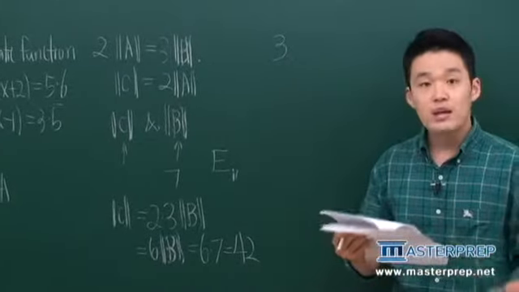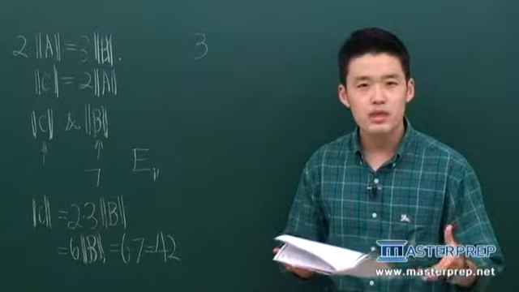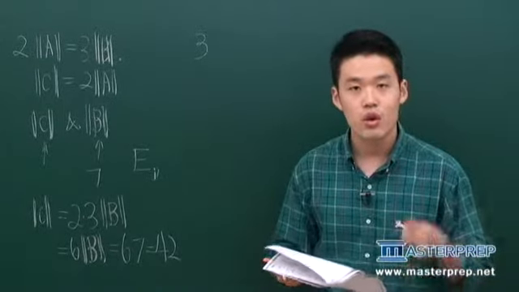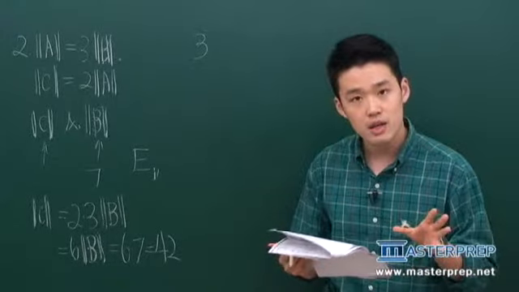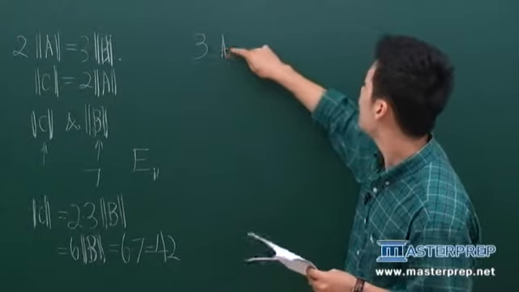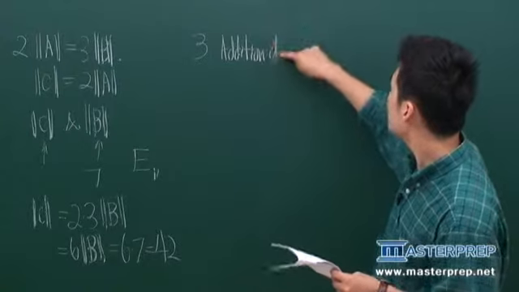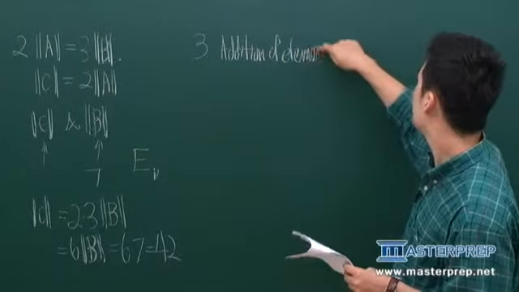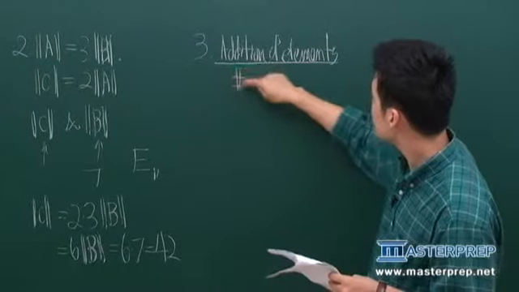Arithmetic mean. What is the average? Arithmetic mean in this case is the addition of the elements over the number of elements.